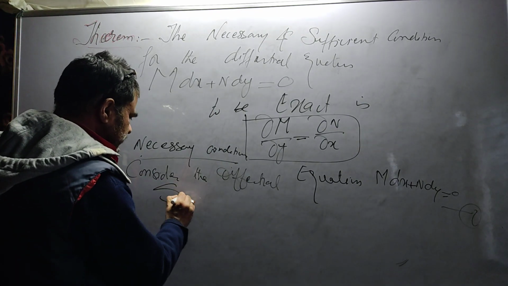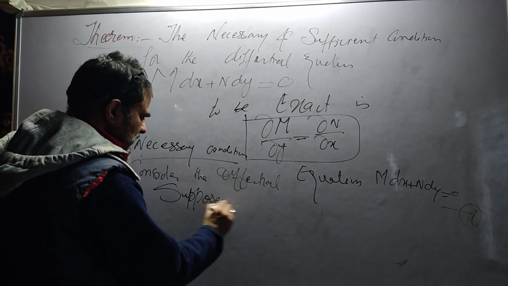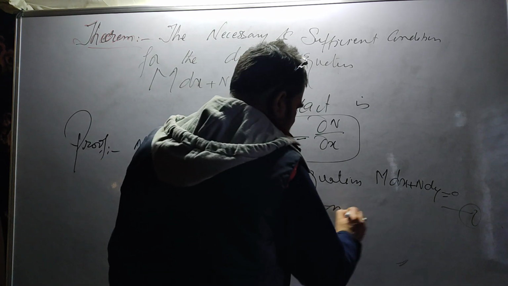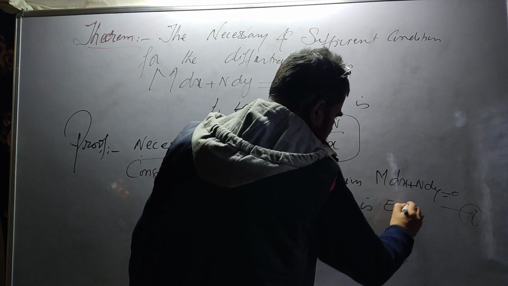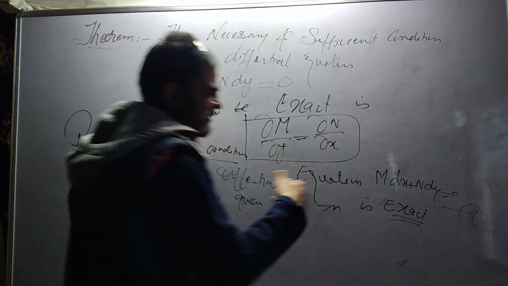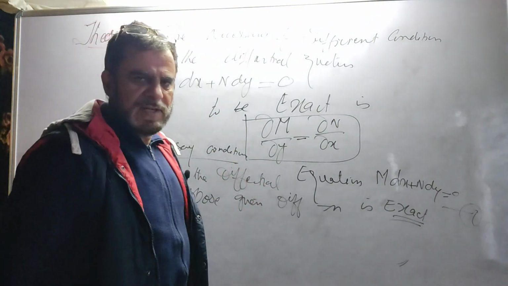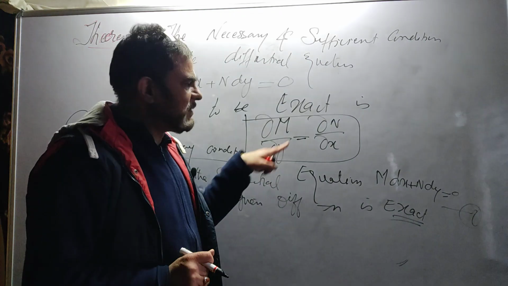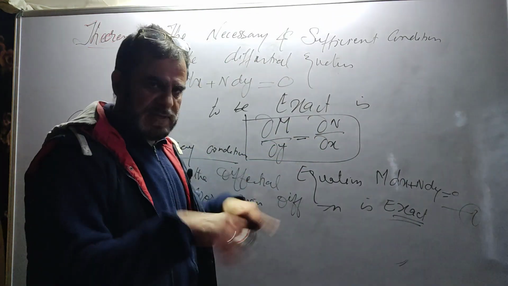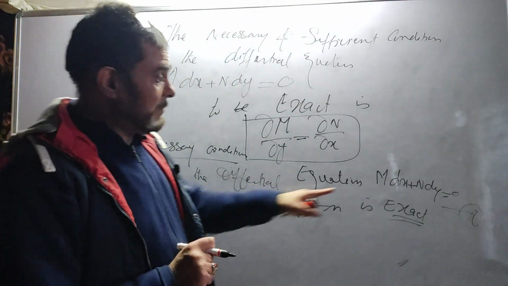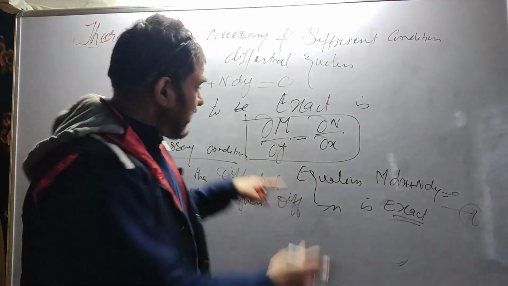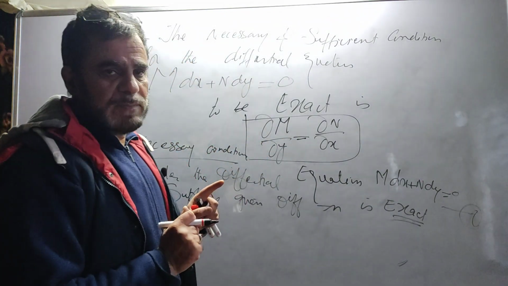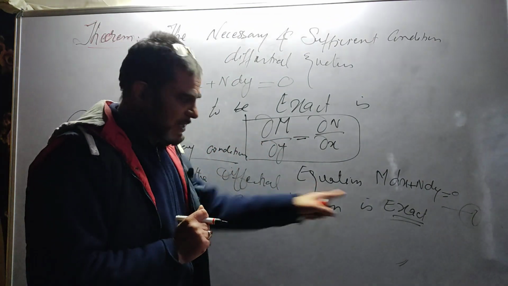Suppose the given differential equation is exact, that means we are taking this part for granted, let it be exact. We will prove that when it is exact, this will follow: the partial of M with respect to y will be equal to the partial of N with respect to x. Conversely, if this differential equation satisfies this condition, then we will prove that it must be exact.